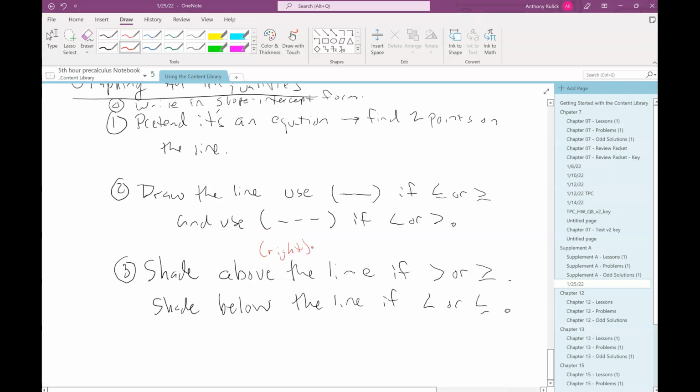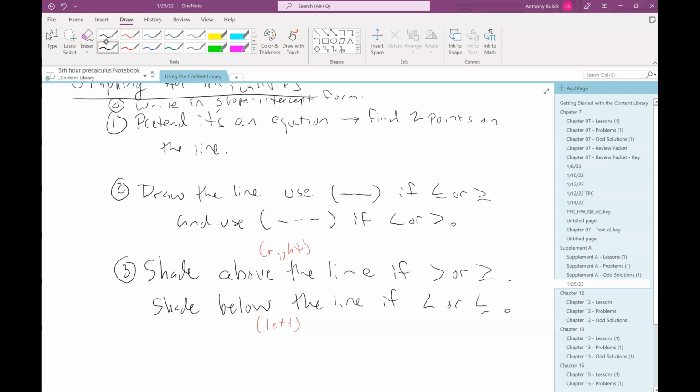If it's vertical, above is really meaning to the right. And if the line is vertical, below would mean to the left. Which I hope makes sense. On a vertical line, the big stuff is on the right and the small stuff is on the left. Right? Correct? Hopefully that makes sense.